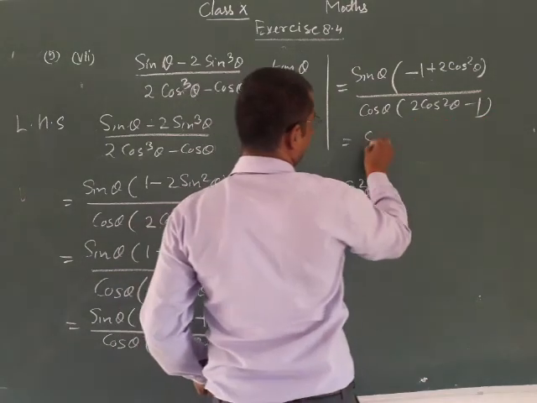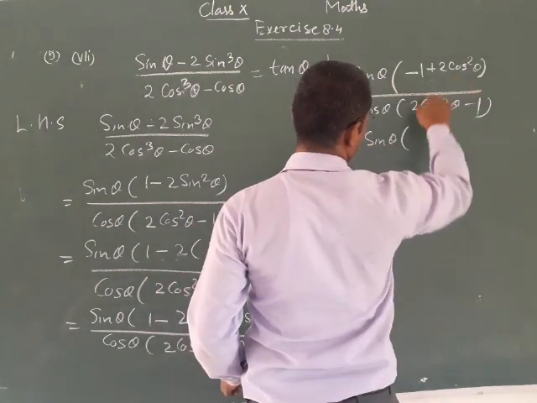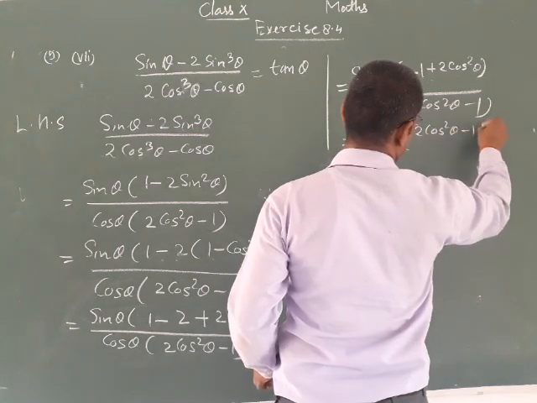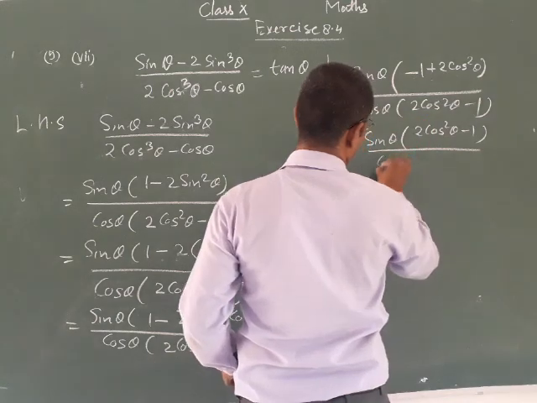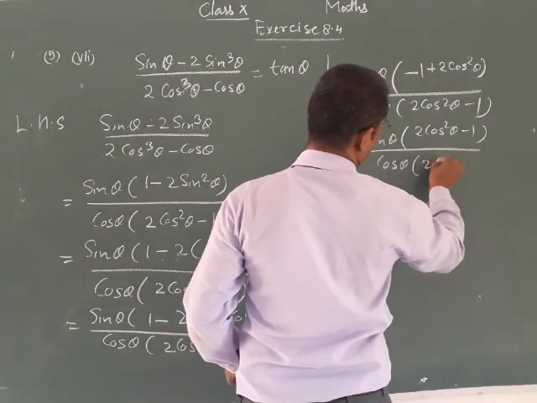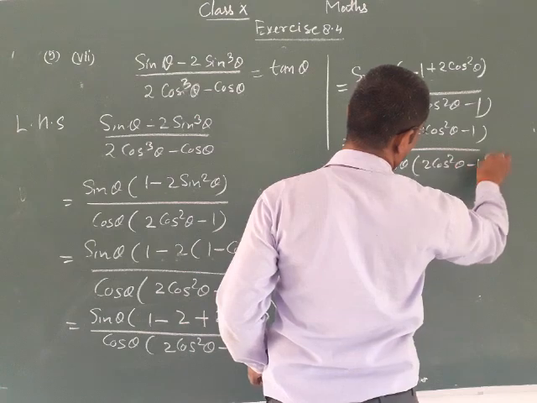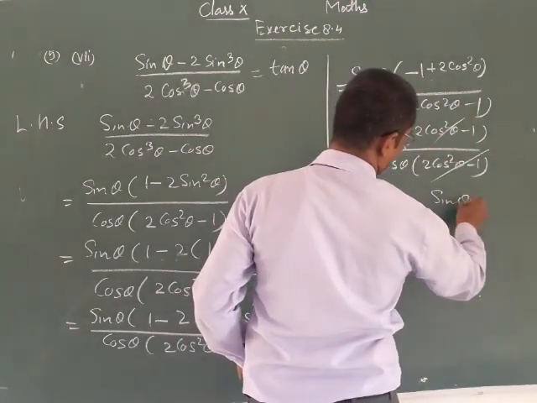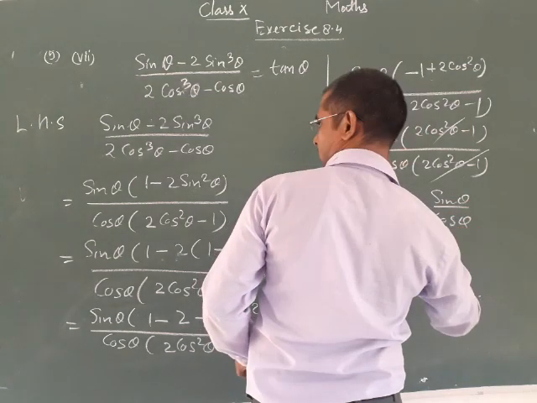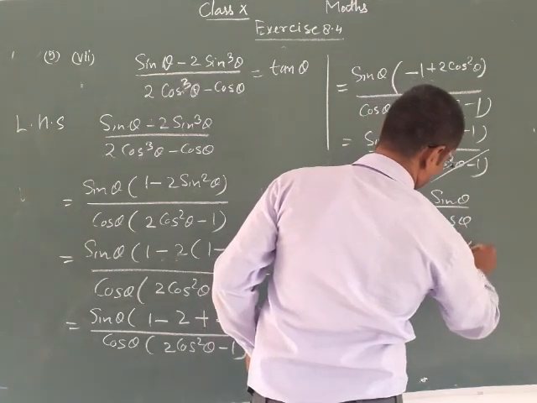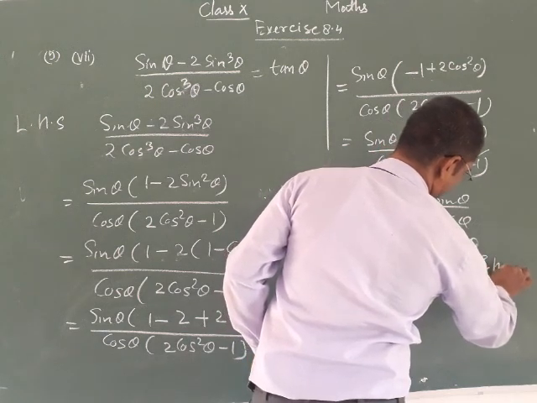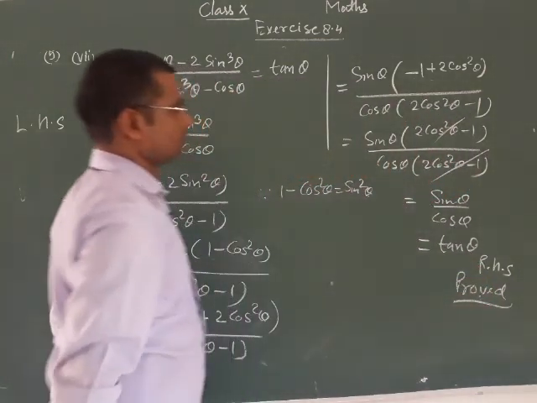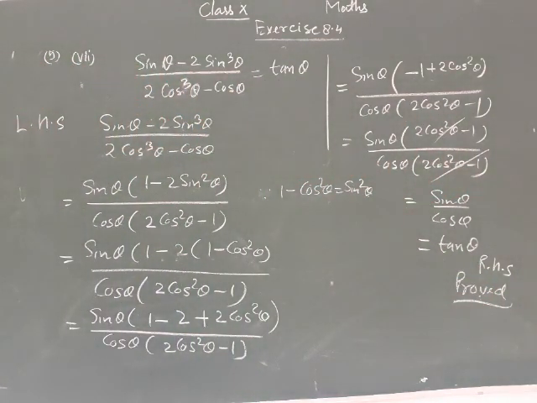Writing positive first, sin theta times (2 cos square theta minus 1) divided by cos theta times (2 cos square theta minus 1). So cancel out, and the rest is sin theta upon cos theta, which is equal to tan theta. So we get the RHS. Proved. That's all.